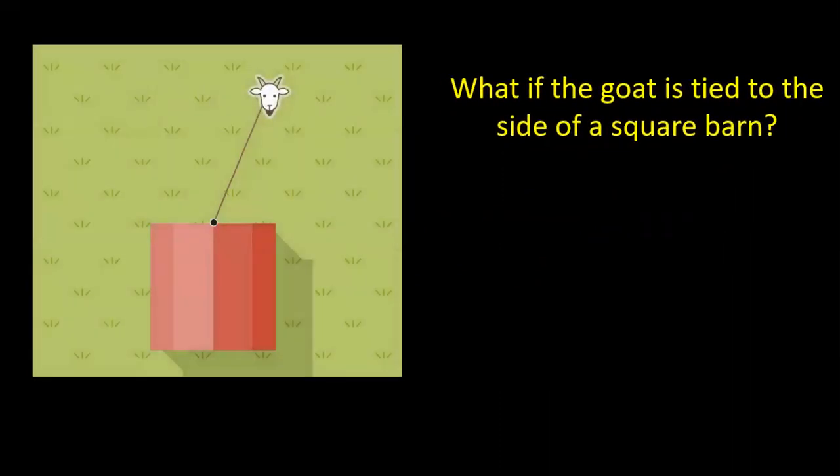What if the goat is tied to the side of a square barn? Let's say the rope and the side of the barn both have length 4. What's the area of the region the goat has access to now?